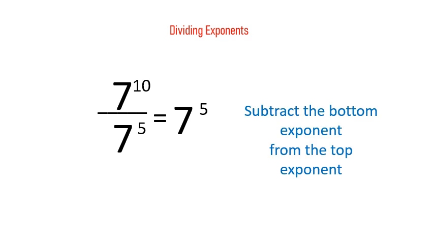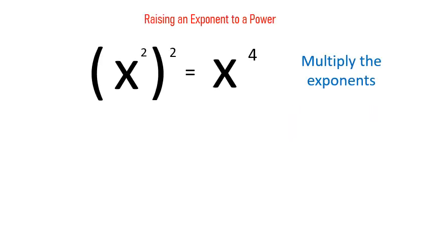Again, when you're dividing exponents, you subtract the bottom exponent from the top exponent. So 7 to the 10th power over 7 to the 5th power equals 7 to the 5th power. This next one is called raising an exponent to a power. If you have an exponent inside of parentheses with an exponent on the outside, you multiply the exponents.